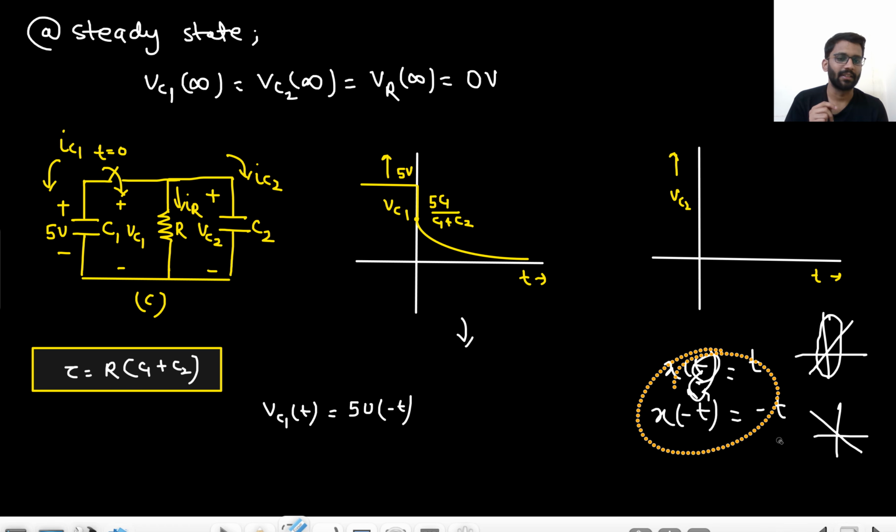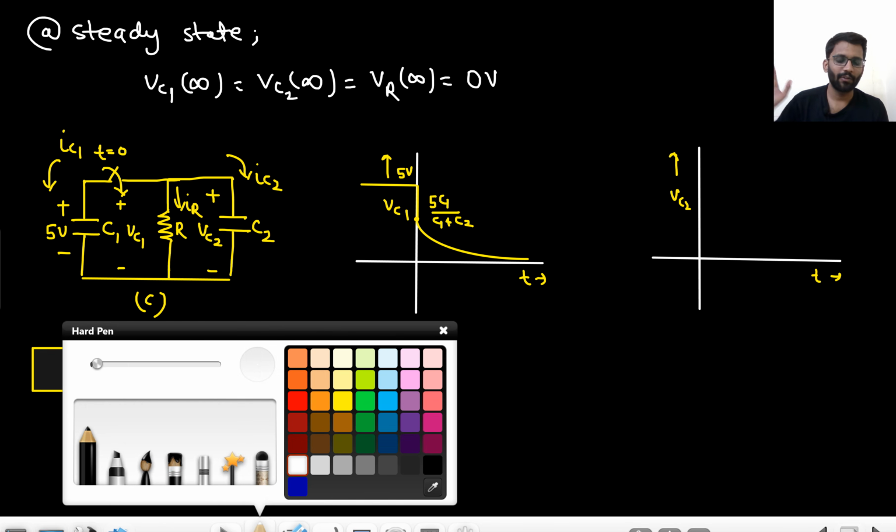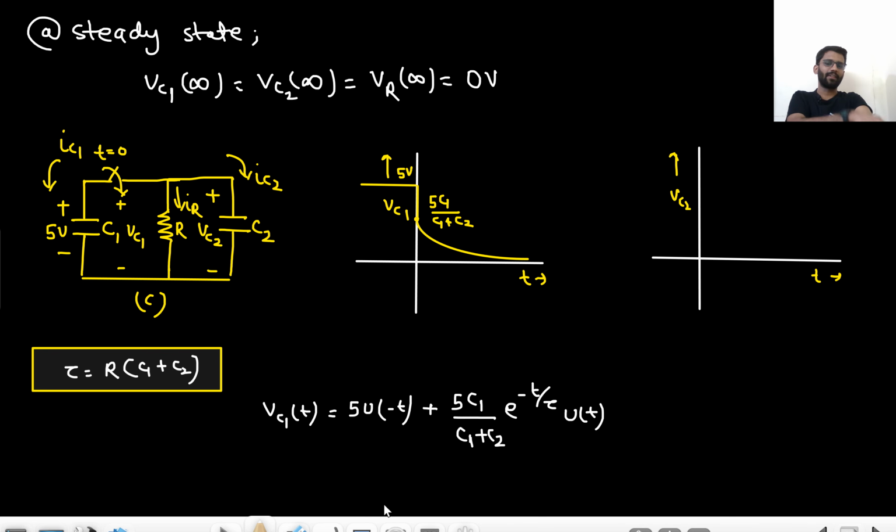You have 5 volt for u(-t), then at t equals 0 it drops to 5C1 upon C1 plus C2 and decays down to 0 for u(t). Are you getting this point? So VC1(t) is 5u(-t) plus 5C1 upon C1 plus C2 e to the power minus t upon tau u(t).